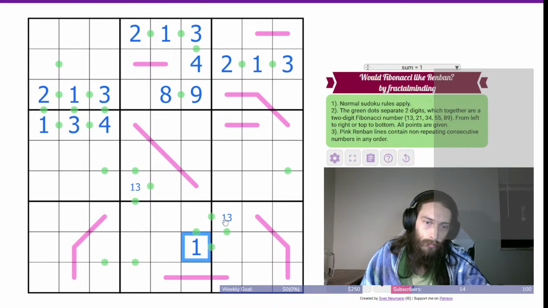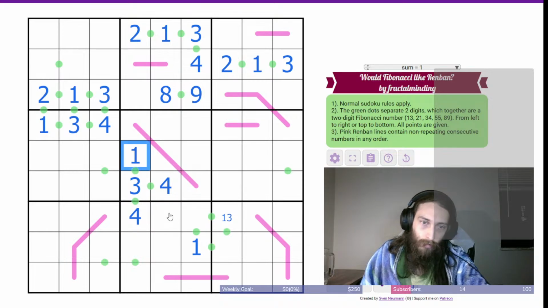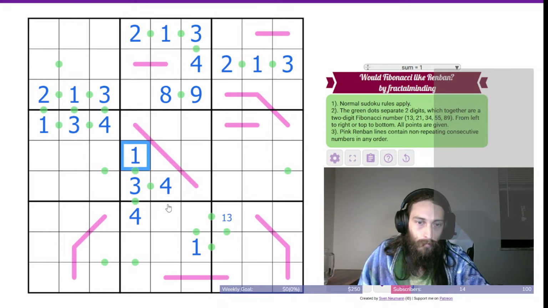There's a 1, 3 in column 4. Right, but it sees a 2 above it, so it can't be 21. So this would have to be a 3, a pair of 4s, and a 13. This is a 1, so that has to be a 2 followed by a 1, and then 1 has to be followed by 3.